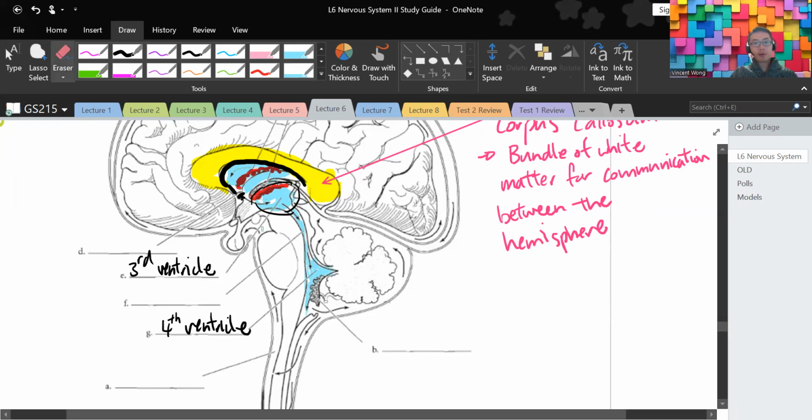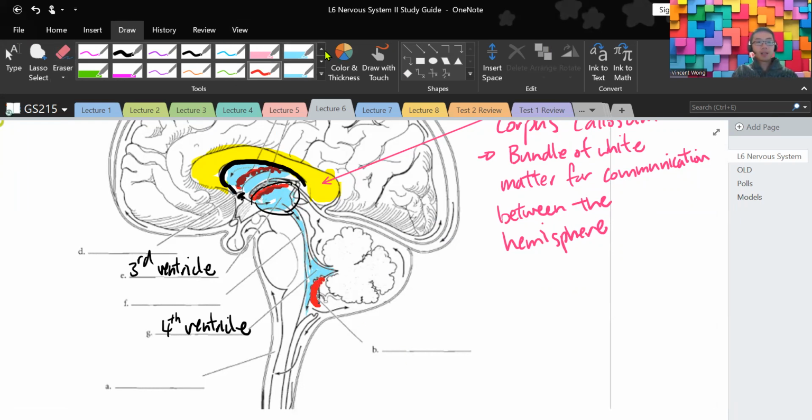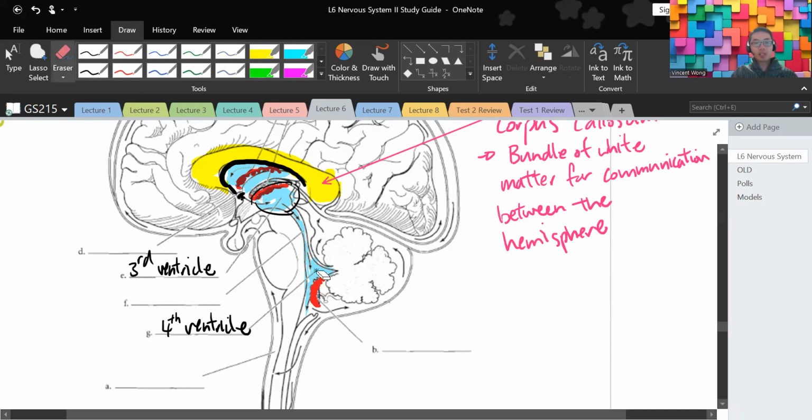You can see in the fourth ventricle, you also have your own spongy tissue, right? What is that called again? These spongy tissues that are found in the walls of the ventricles. The choroid plexus, right? So the lateral ventricle has its own choroid plexus, the third ventricle has its own choroid plexus, and the fourth ventricle also has its own choroid plexus.